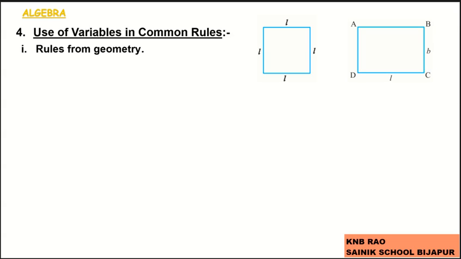Therefore, we find the perimeter of a square or the area of a square in terms of a letter such as L, or some other variable, you can take even x also.